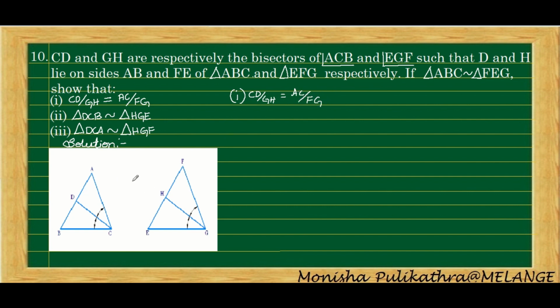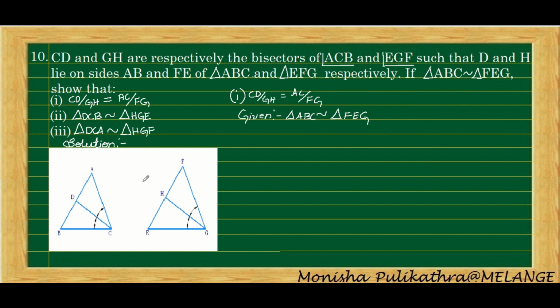In the data itself they have given that triangle ABC is similar to triangle FEG. In the question they have given triangle ABC is similar to triangle FGH.